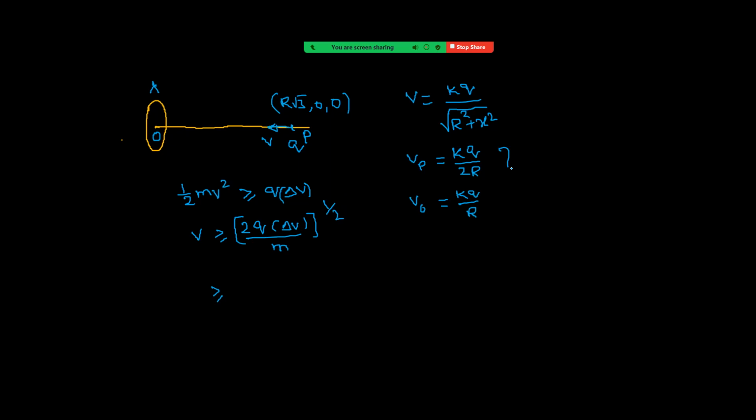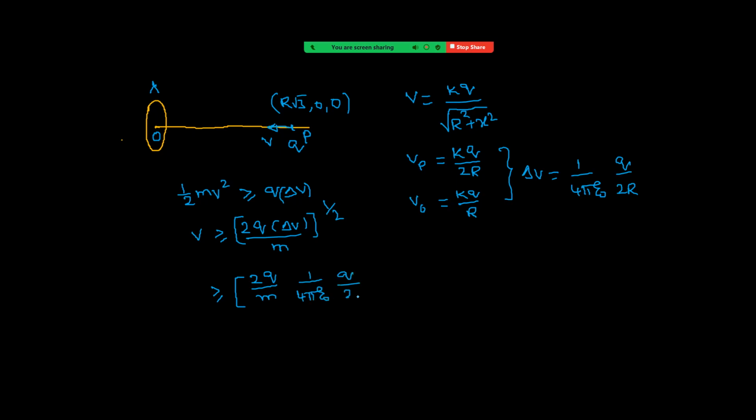From these two, delta V is equal to KQ by R minus KQ by 2R, which is KQ by 2R, where K is 1 by 4 pi epsilon naught.